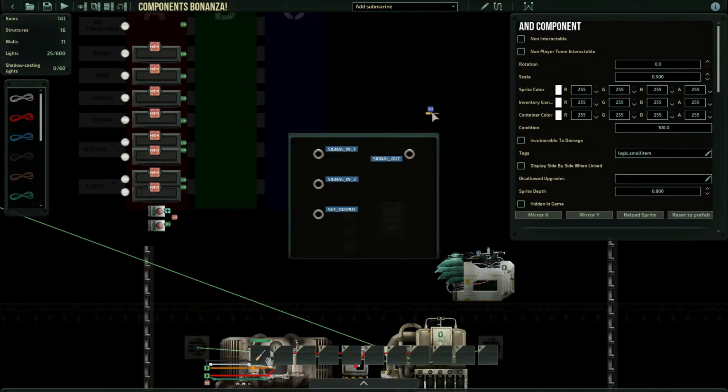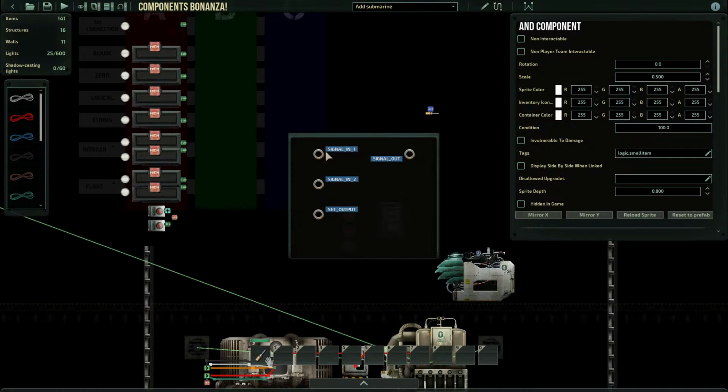So the logical inputs in Barotrauma, anything that is not exactly 0 is true, if you're thinking true false, right? So anything that's 0.001 or like 1,000 or 1 or whatever, it's interpreted as true because this is a logical port. That's what I'm talking about.